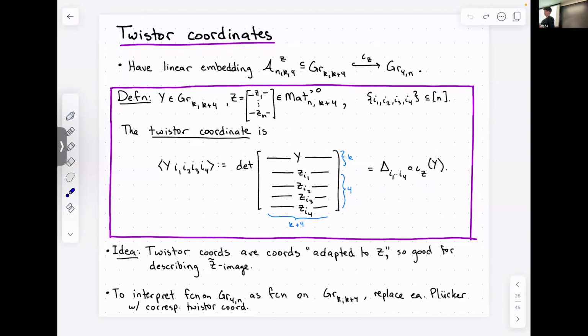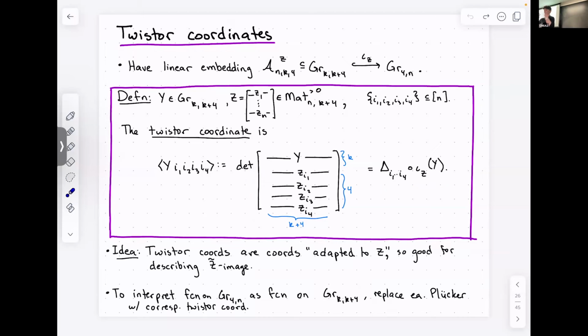These twistor coordinates have been around for a while, so it's definitely not our idea to use them to talk about the amplituhedron. As you can see, the twistor coordinates involve Z, they're using some data about Z. And so they turn out to be good for describing Z-tilde images of things.